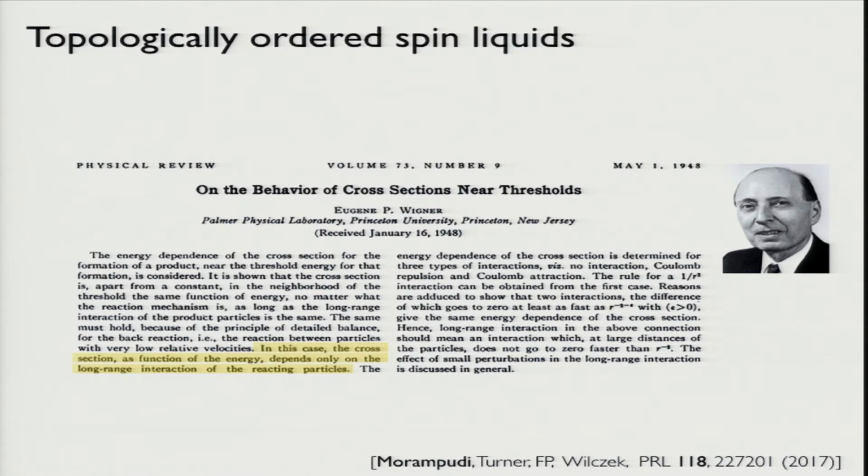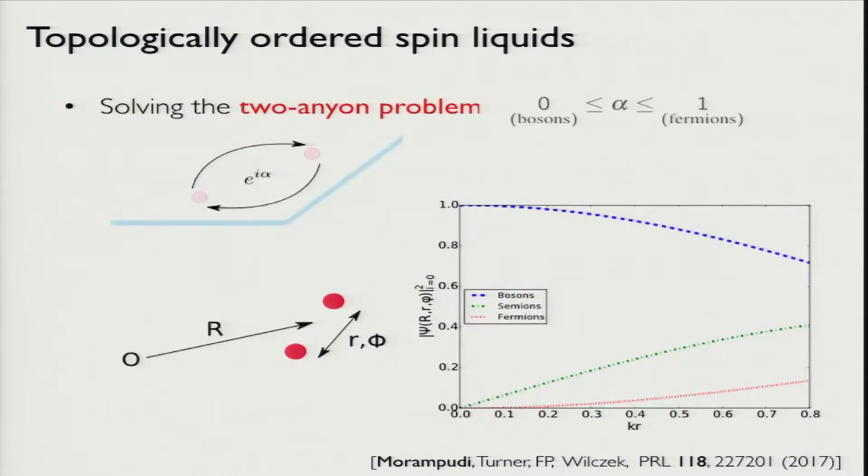Here we have again a pair creation, but these are particles where we first of all assume that they only interact via this statistical interaction. Then we can just sit down and simply solve a two-anyon problem, which is a simple physics problem where we use separation of variables, and then we obtain the wave function.